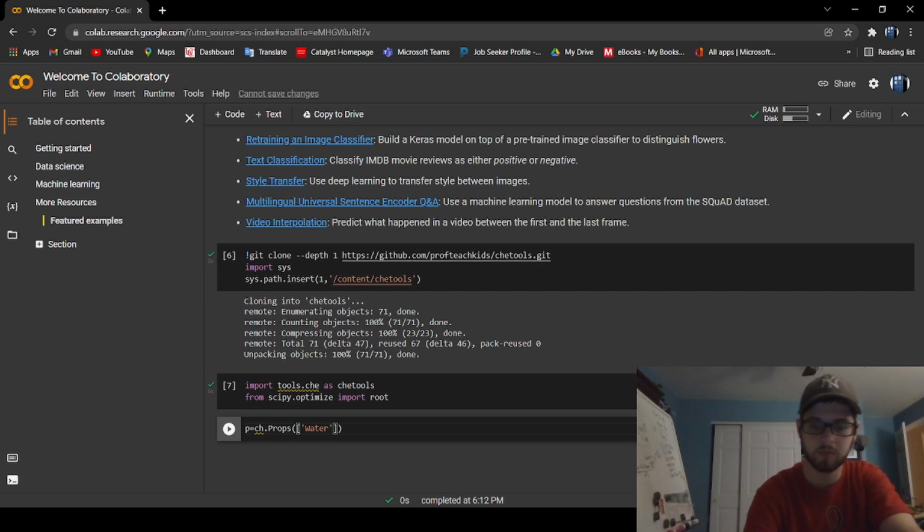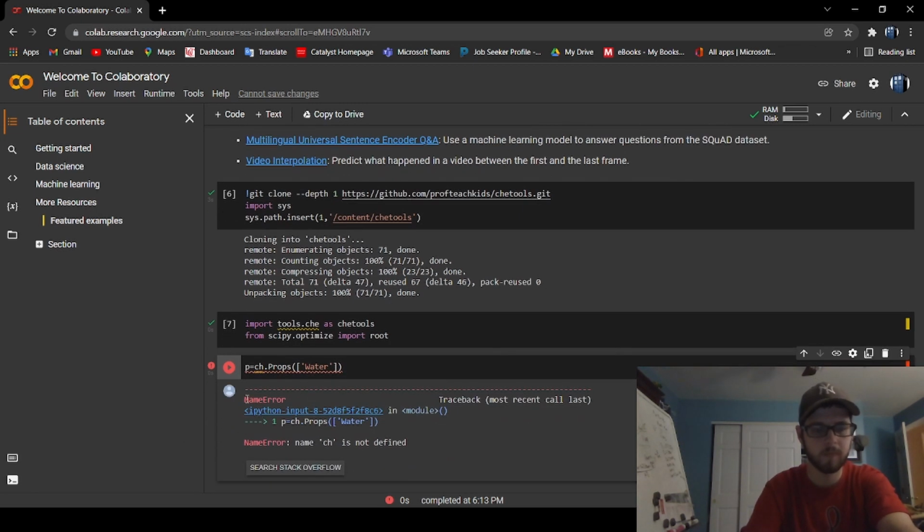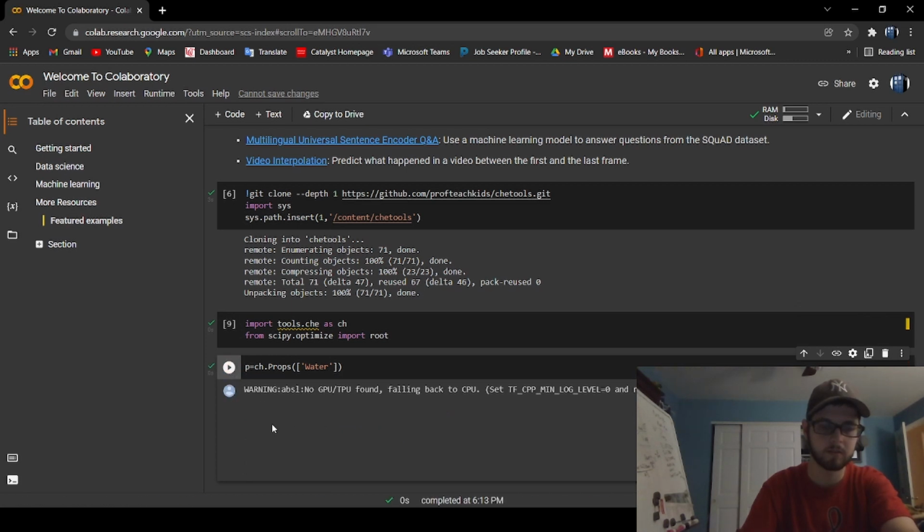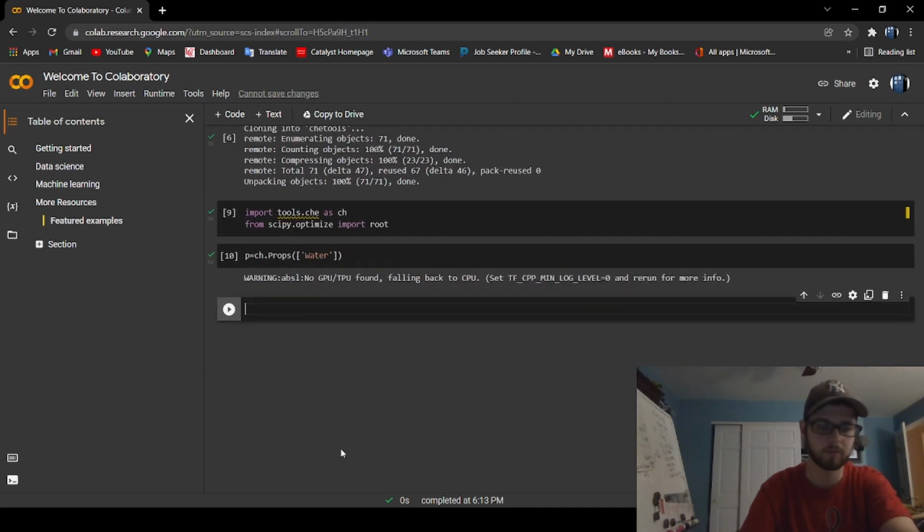Water, we're going to get the properties of water. Oh, why did I put it as CHE tools? I don't want CHE tools, I want CH. Okay, falling back to CPU. I don't even know what that means.